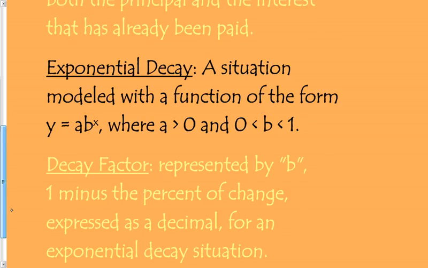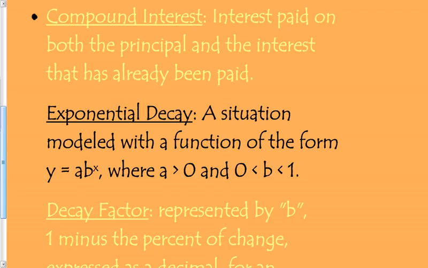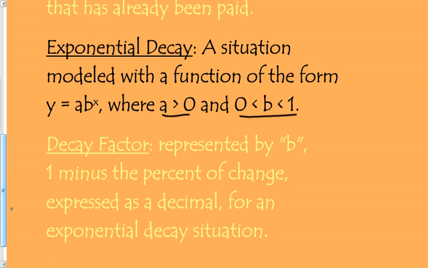And then the last thing we're going to look at is exponential decay. So that would be a situation modeled with a function in the form y equals a times b to the x power, where a is greater than 0, and b is between 0 and 1. Okay? So it's between 0 and 1. And that decay factor is represented by the b, okay, again, but it's 1 minus the percent of change.